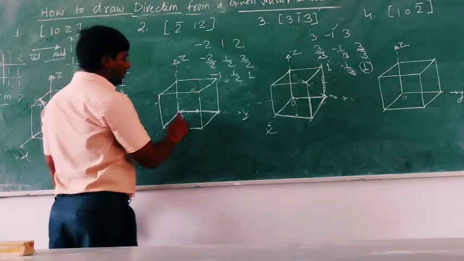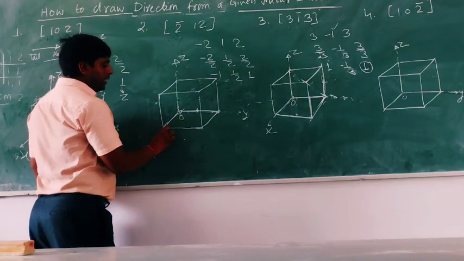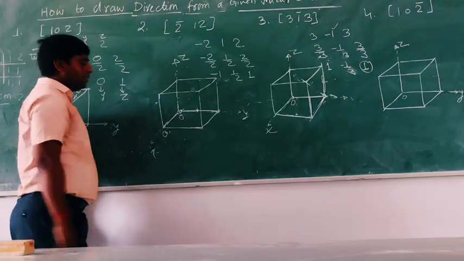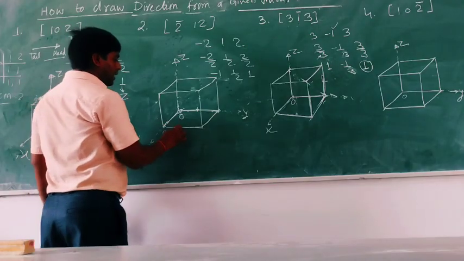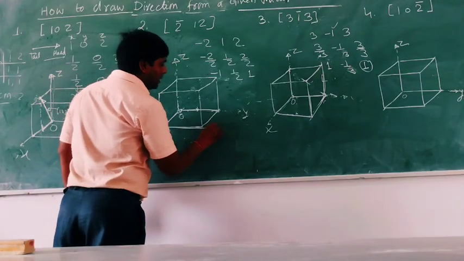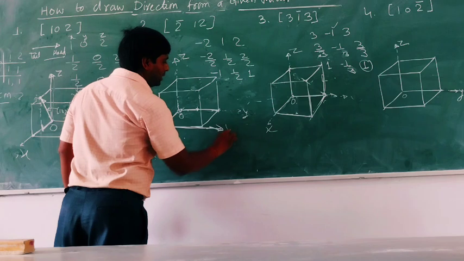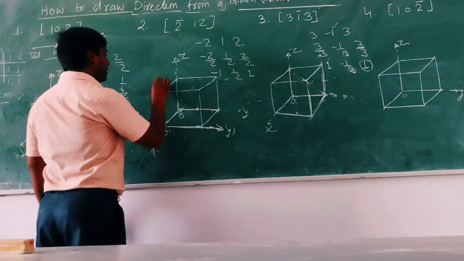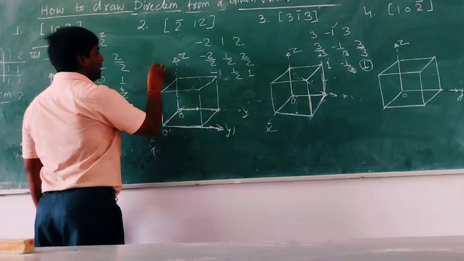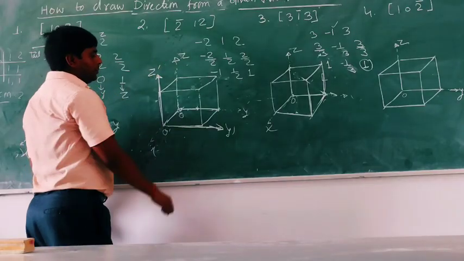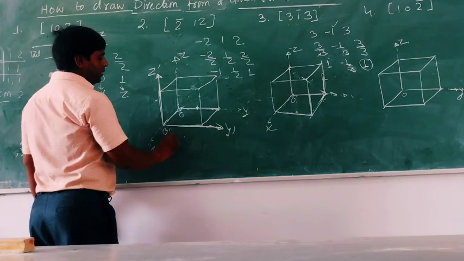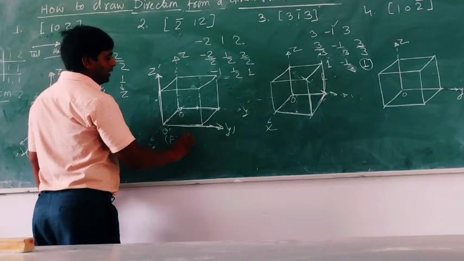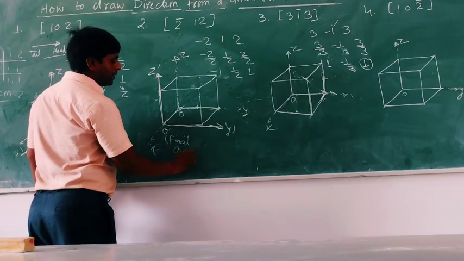So we shift the origin along the x-axis. Now we consider this as O dash, this is the x direction, the final y direction will be y dash, and the final z direction will be z dash. We start moving from this final origin.